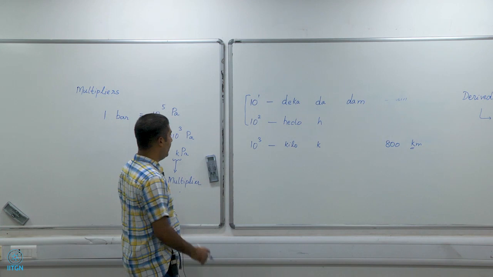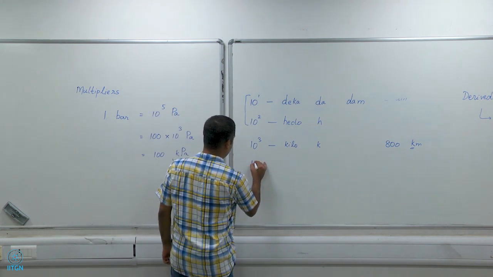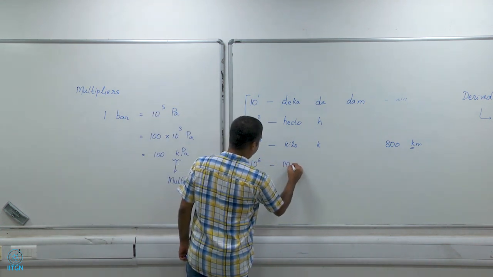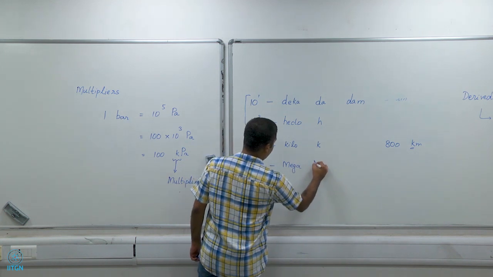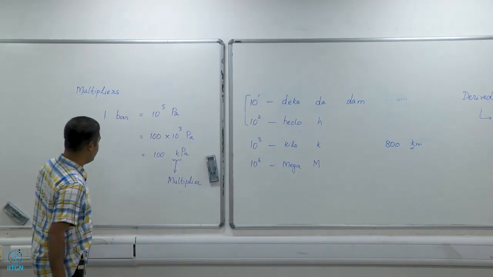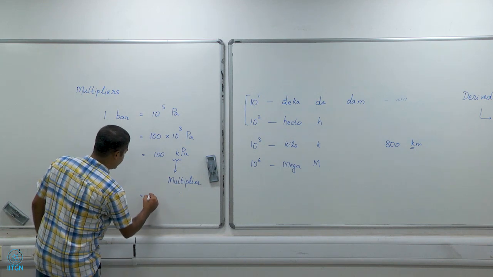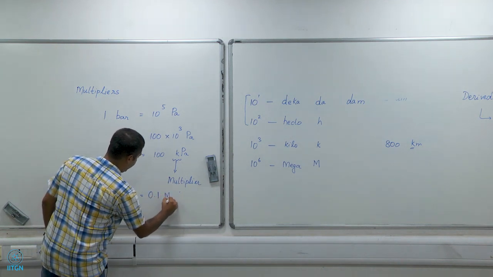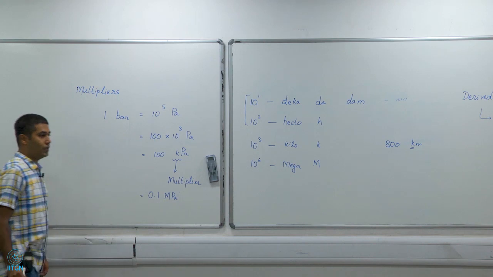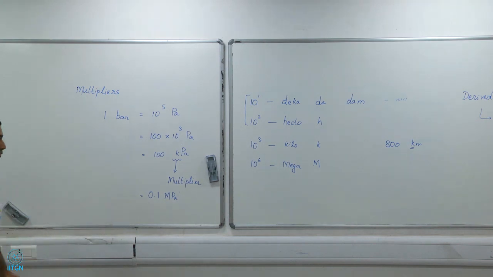Okay. Then 10 power 6 is mega, and the designation is M. So, I can also write this, for example, as 0.1 MPa, M caps, P caps, A small case.